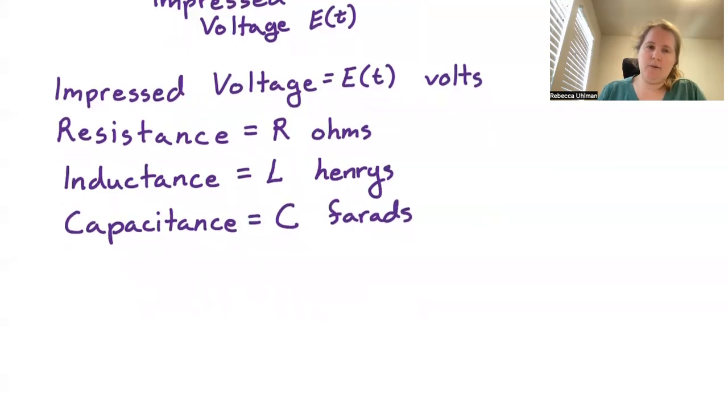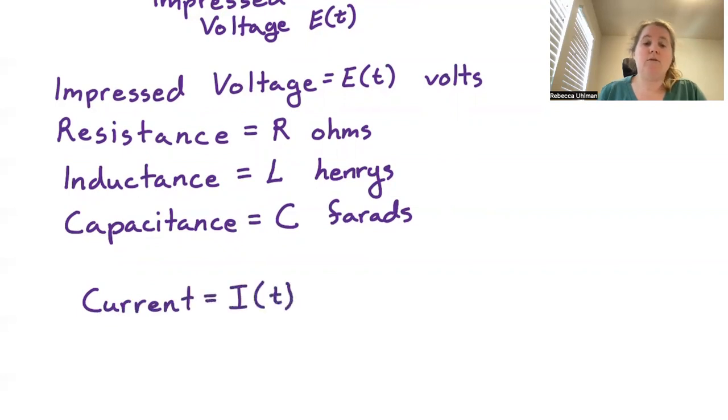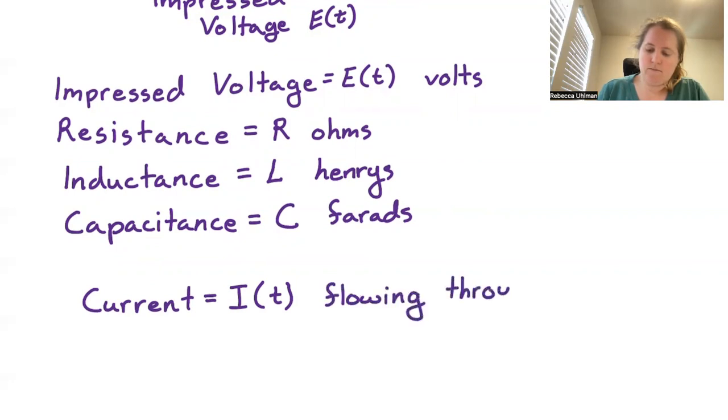In addition to that, we have a current equaling I of t that flows through the circuit at any time t.